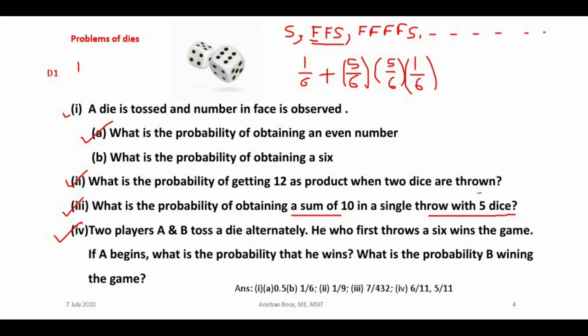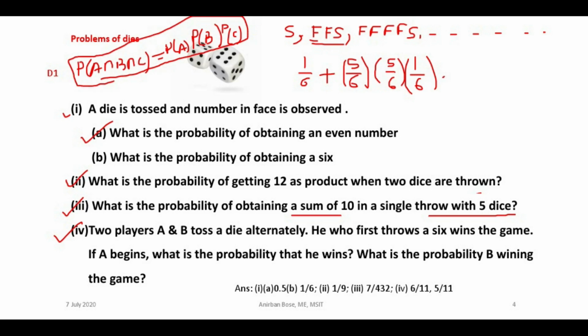Okay, so basically we have used this formula, that the probability of A intersection B intersection C is equal to the product of their probabilities, like P(A) into P(B) into P(C). Okay, so this is the rule that is applicable if A, B, C are independent events.